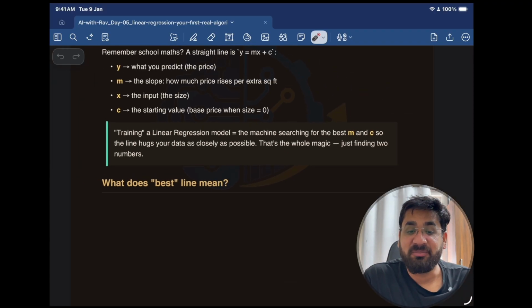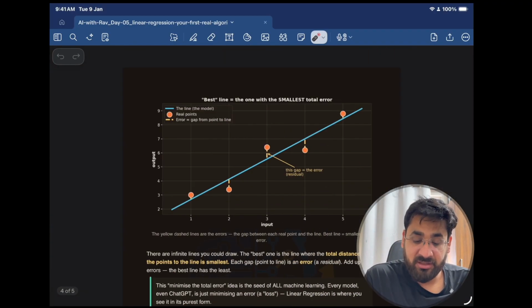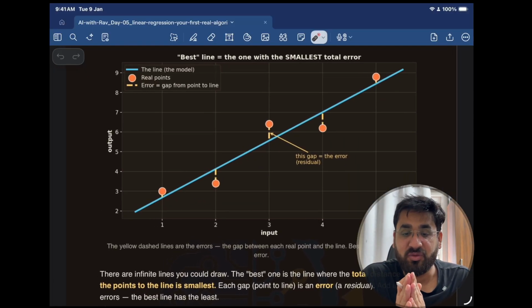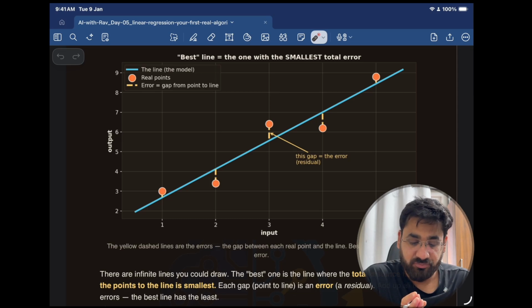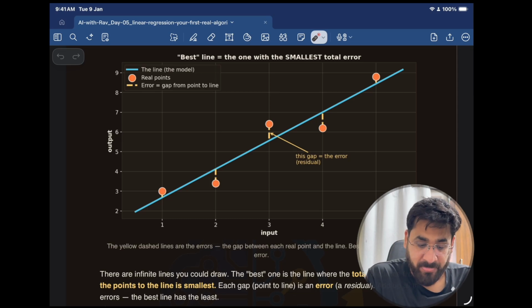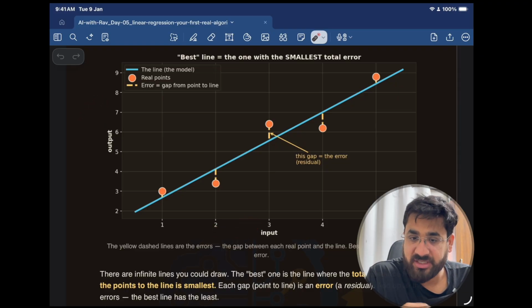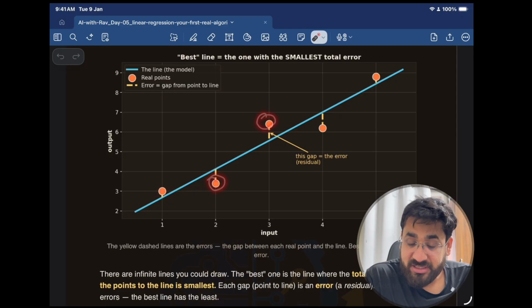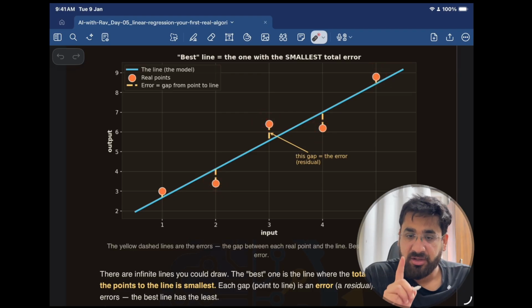And now what is the best line? If you understand this, you really understand what we do in training and what the real problem is. Now you see this. Again, this is the output and this is the input, a generic one. And again the same orange dot is the actual real price of the flat. Now you tell me, how can you say what the error is?